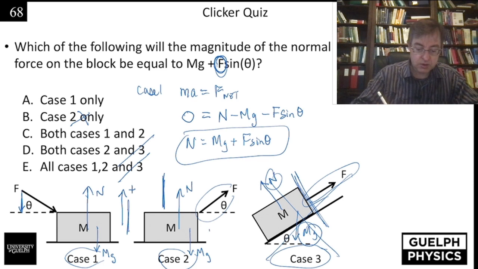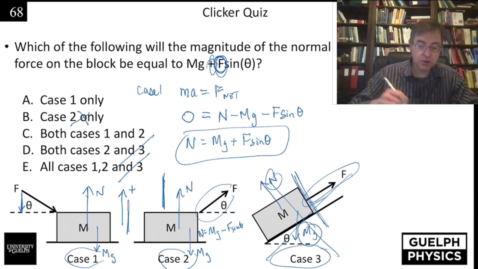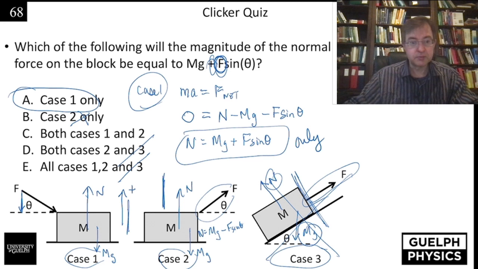And so for case 2, you're going to get mg minus F sine theta is equal to the normal force. That's not of this form, because this form has a plus sign. And so it's only case 1 that has this form, and so the answer is A.